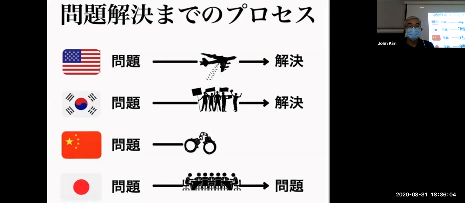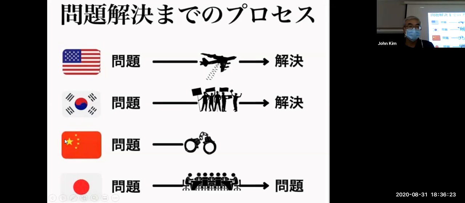Then this one is solution, or solve the problem. So in Korea, if there is a problem, then demonstrate. Then solve the problem. Yeah, they still do that in Korea.